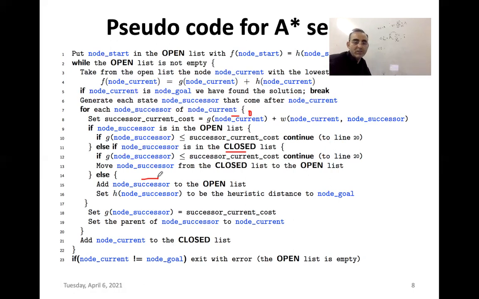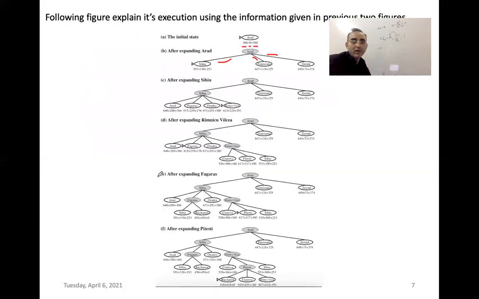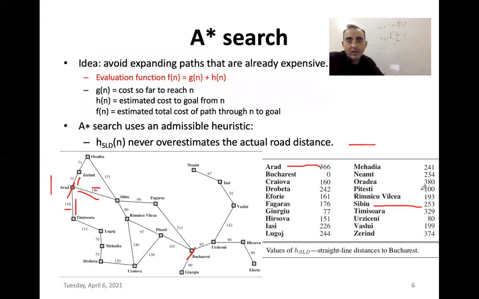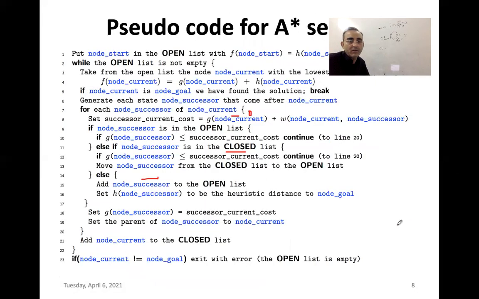So the heuristic value of Timisoara, I can see here on this table, is 329. So I can write it here, 329, at the top of this ladder.